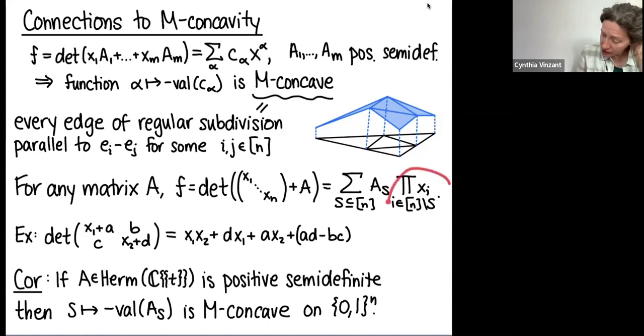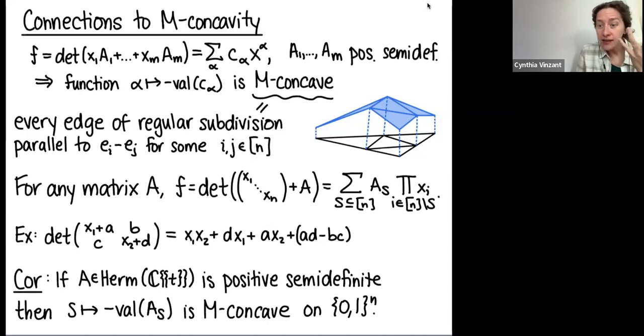And if I look at the coefficient of some square free product, the coefficient is going to be exactly the complementary principal minor. So just as a sanity check, if I look at the product of all of the variables, it's going to correspond to the empty principal minor of A. It's going to come with coefficient 1.